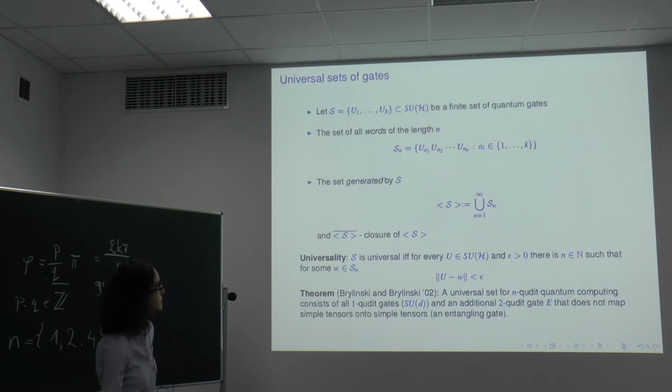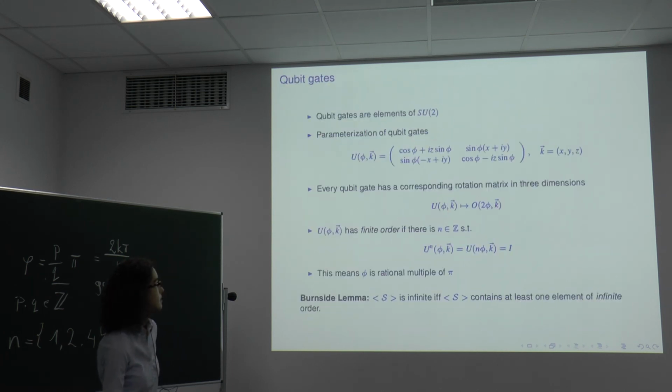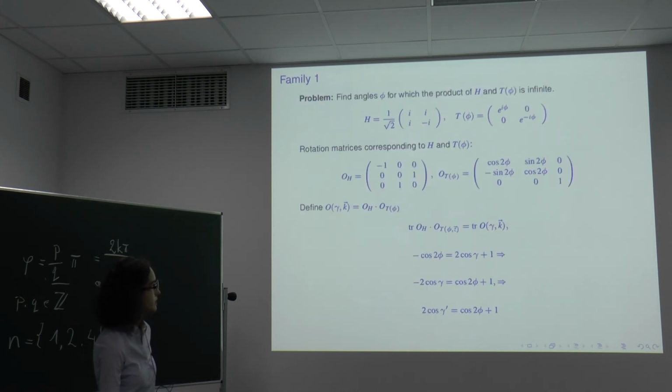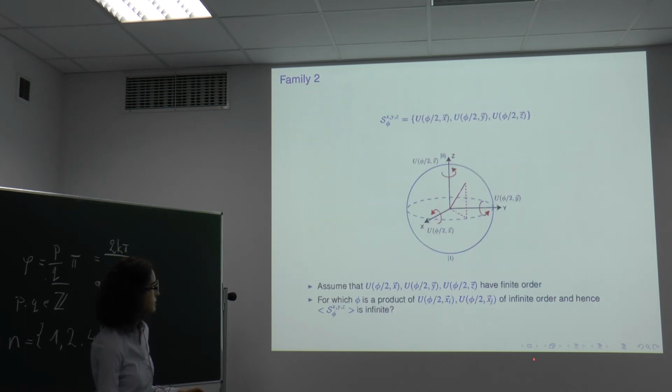Well, to be honest, for me, this work is rather some mathematical proof, some mathematical approach for proving that some important sets of gates generate an infinite number of gates or not.